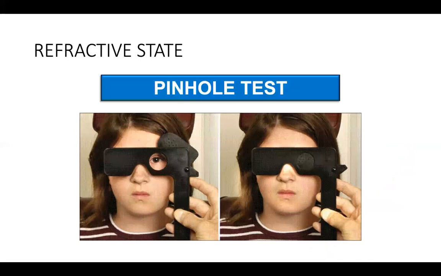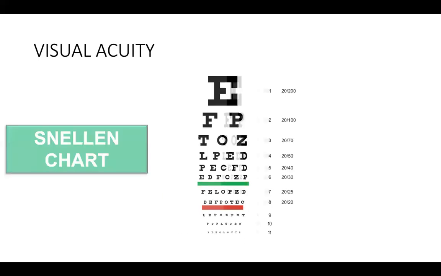Testing vision through a pinhole aperture is a useful way to screen quickly for refractive error. If visual acuity is better through a pinhole than it is with the unaided eye, the patient needs the refraction to obtain best corrected visual acuity. The Snellen chart is used to test acuity at a distance of 6 meters or 20 feet.